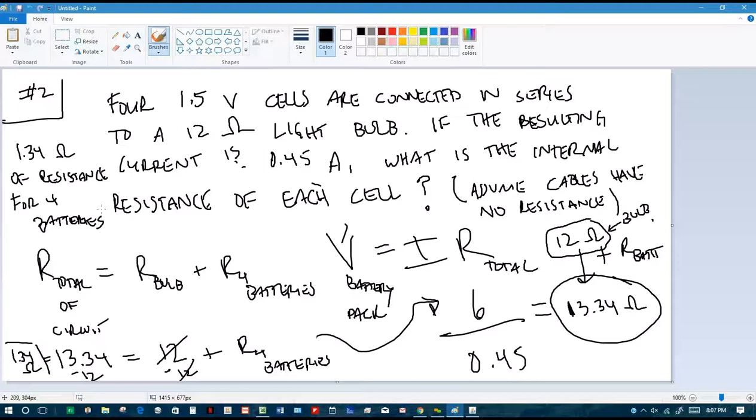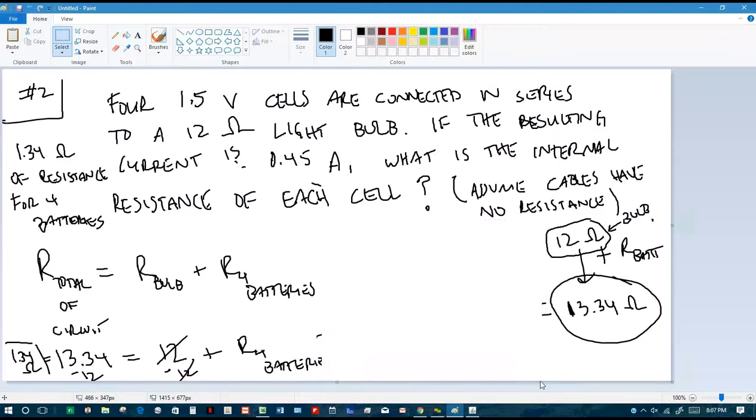Very good. So you take the resistance of 4 batteries, which was 1.34 ohms, and divide by 4 batteries.